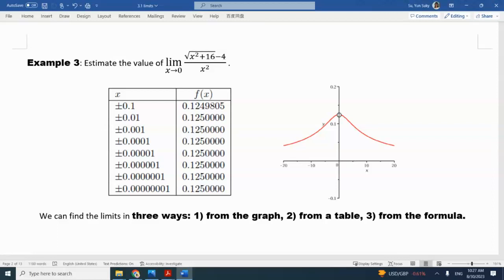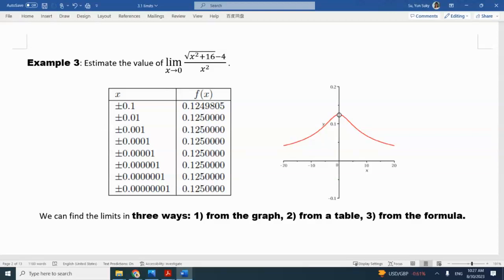Okay? So again, look at this problem. We can use our calculator. When x goes to 0, we can plug in x is 0.1. Do you know how to use your calculator? We plug in x is 0.1. So 0.1 squared plus 16, take the square root, minus 4, over 0.1 squared. You plug in your numbers in your calculator, and you get these.